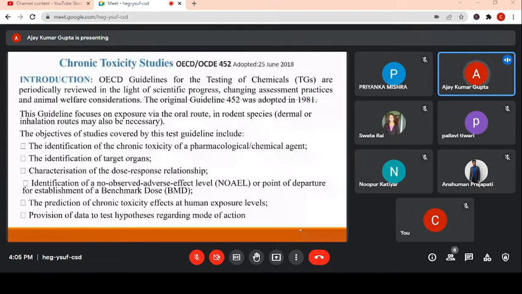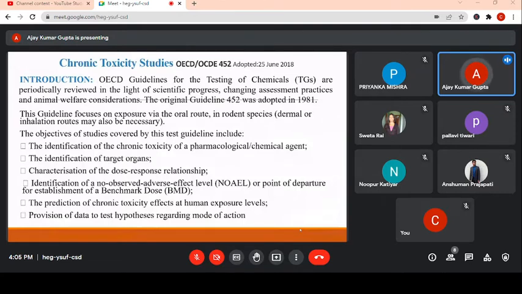Dermal or inhalation is necessary but not mandated. The objectives of such a study covered by this test guideline include identification of the chronic toxicity of a pharmacological or chemical agent, the identification of the target organs, characterization of the dose-response relationship, identification of a no observed adverse effect level, known as the NOAEL, or point of departure for establishment of a benchmark dose, known as the BMD, benchmark dose.